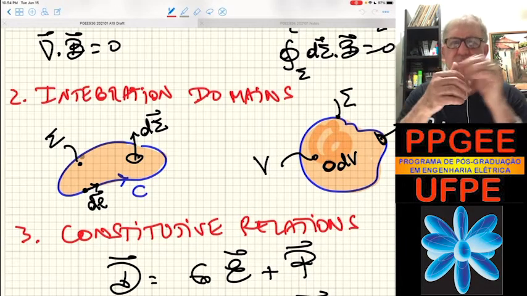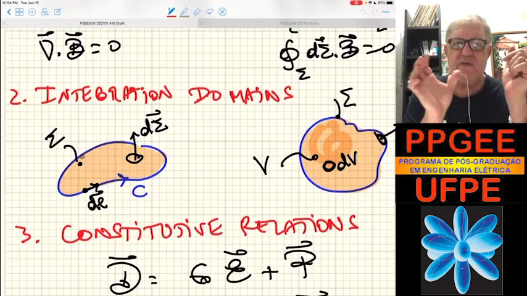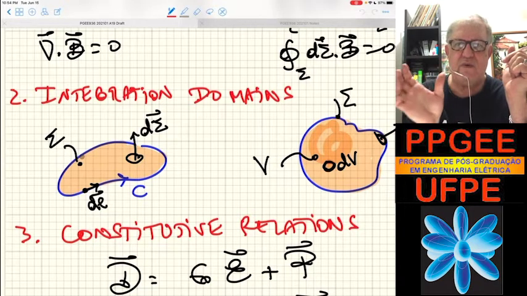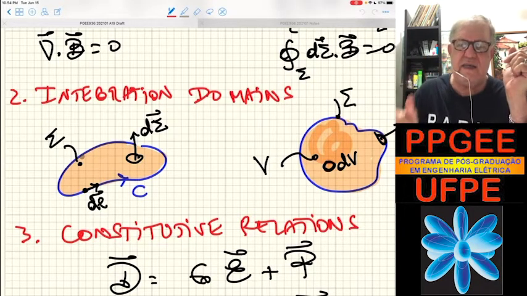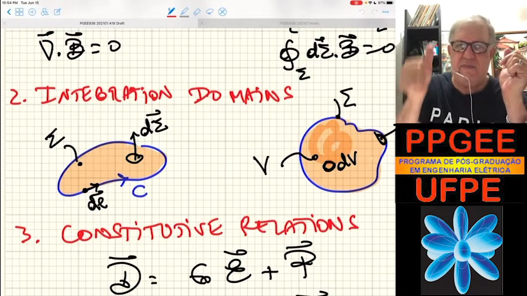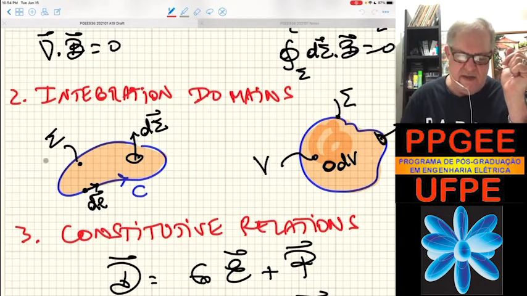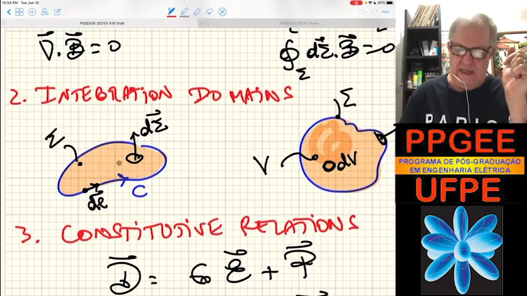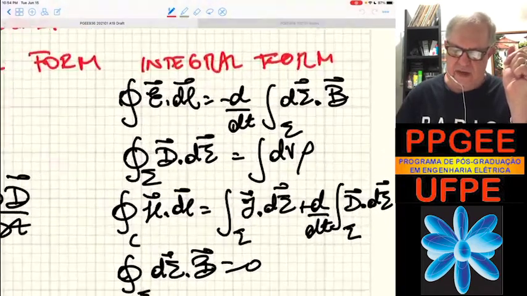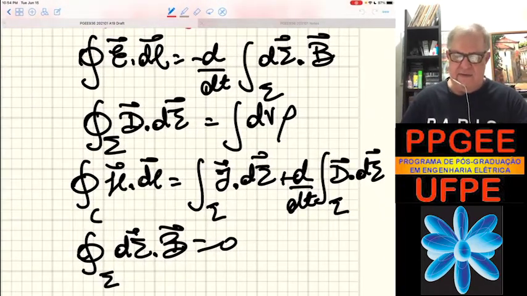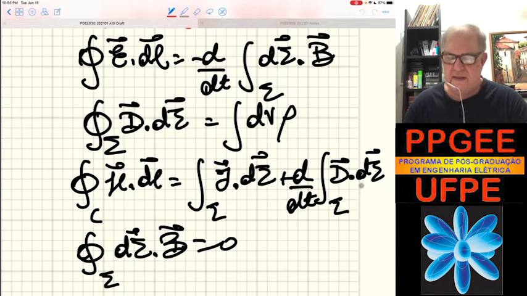And you always move around the path using the right hand rule, so the normal of sigma goes in the thumb direction, right? So we have the circulation of H equals the total current, which is the free current plus displacement current, which is the total derivative of the electric flux.